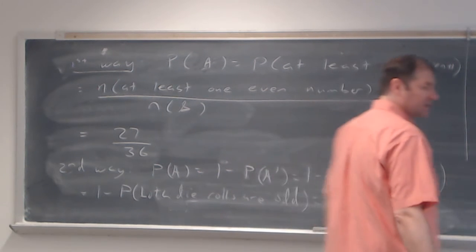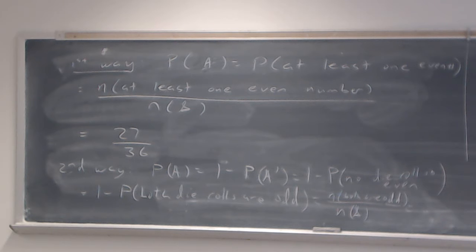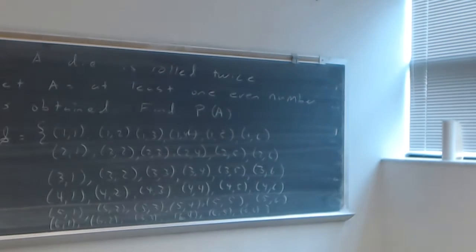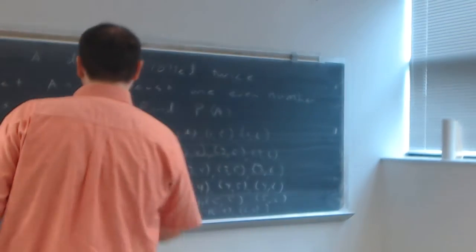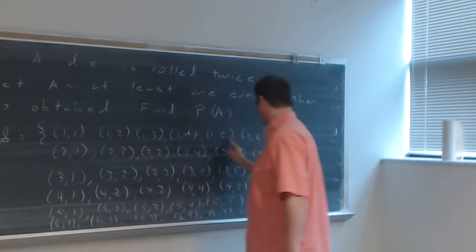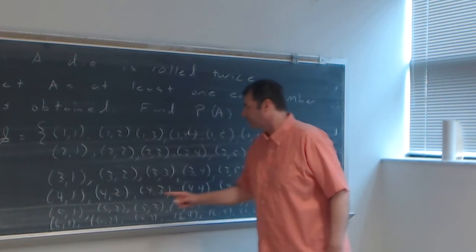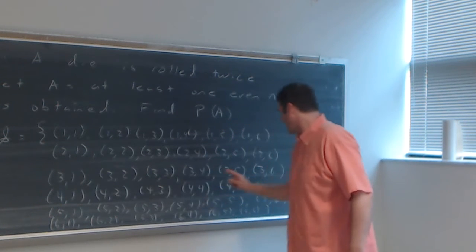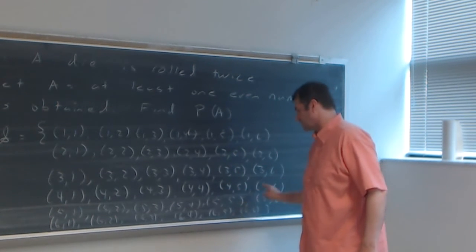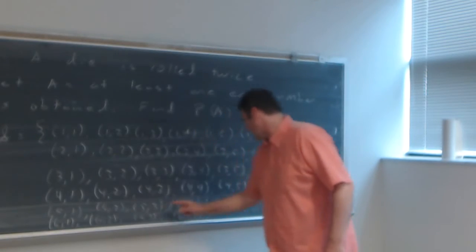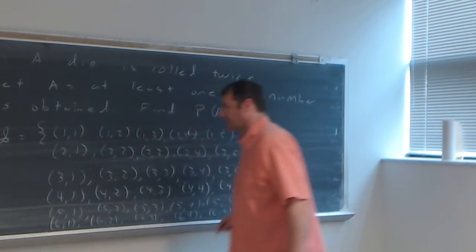And here, this calculation is a little bit easier to count because there are fewer outcomes where both of them are odd. But let's look. So 1, 2, 3, none in here. 4, 5, 6, none in here. 7, 8, 9, none in the last row.